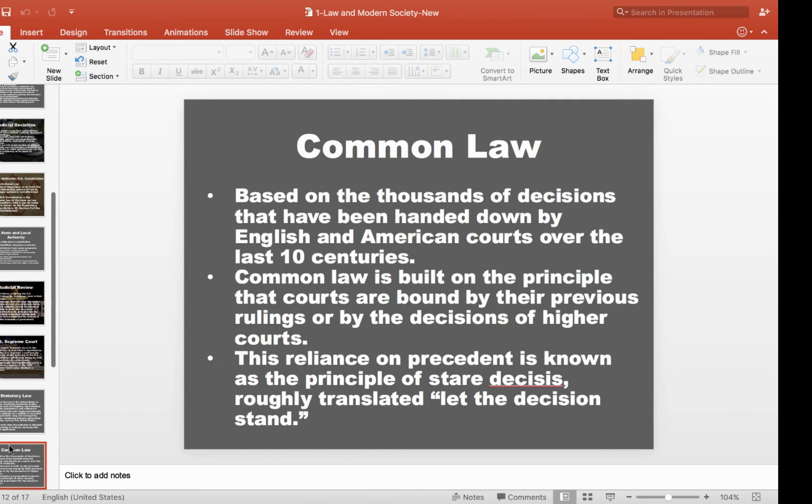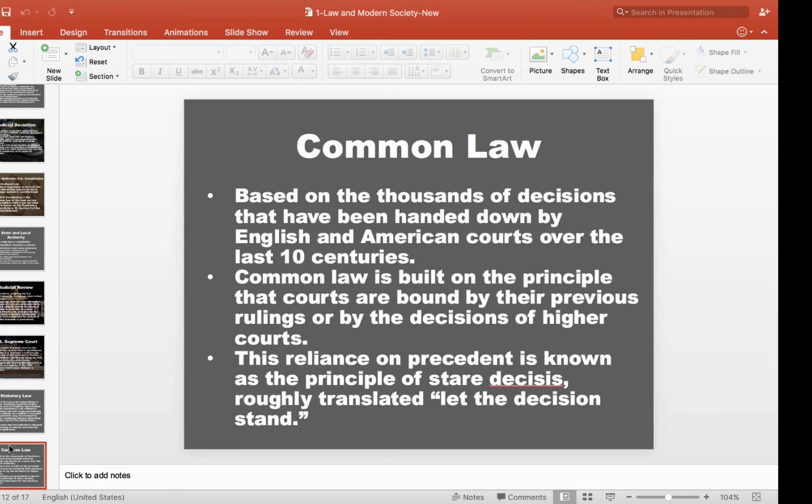Now, one thing that you'll run into from time to time is what's called common law. This is what has been determined in the past 10 centuries, or past 1,000 years, in terms of decisions that were handed down by both English and American courts before the establishment of the notion of judicial review or codification of laws.